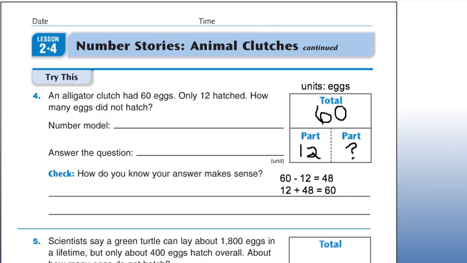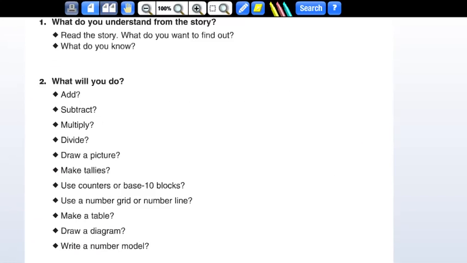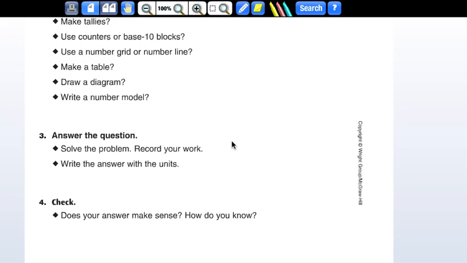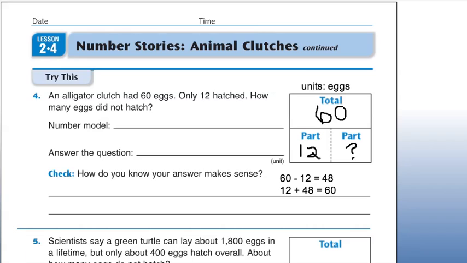So bottom line is here, we have figured out what our other part is, and our part turned out to be 48. And we can write our number model in here, but let's go back first and check if we're missing anything. So we're answering the question, and we're going to solve the problem and record our work and then write the answer with the units.